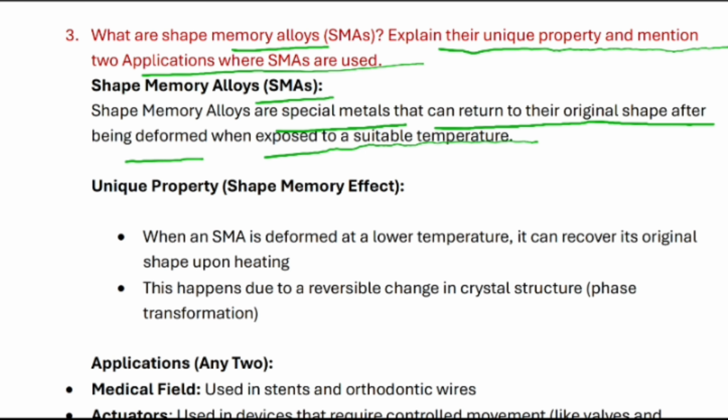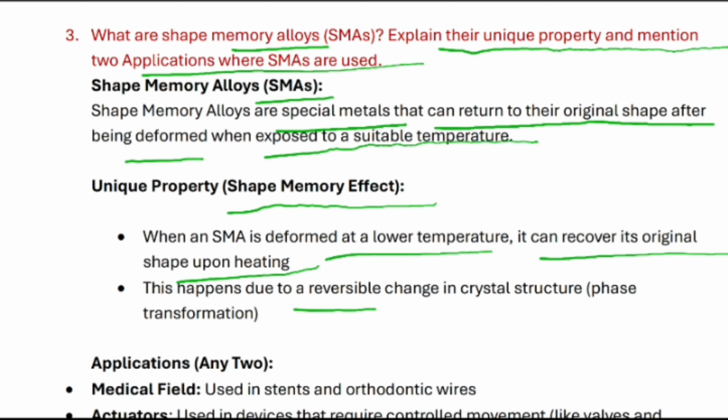And the unique property is the shape memory effect. When an SMA is deformed at a low temperature, it can recover its original shape upon heating. What happens is that due to a reversible change in the crystal structure, a phase transformation takes place.